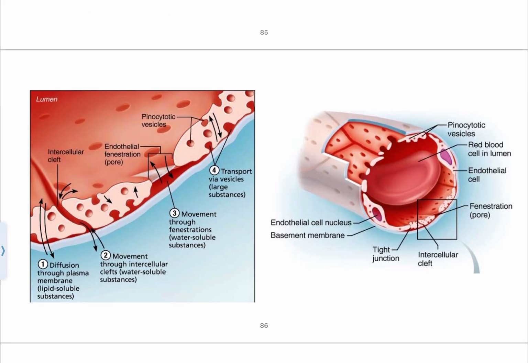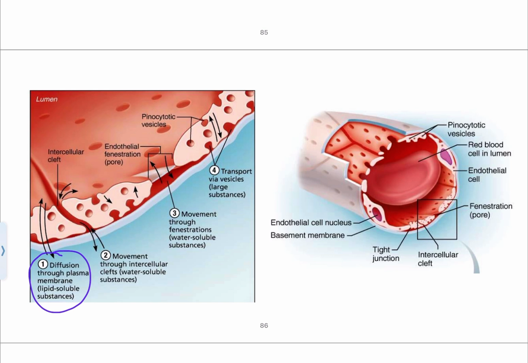So here's just showing you the 4 possible routes if we're talking about things diffusing across the capillary wall. One is directly diffusing across the capillary wall. So things that are lipid soluble can cross plasma membranes as long as they're pretty small.